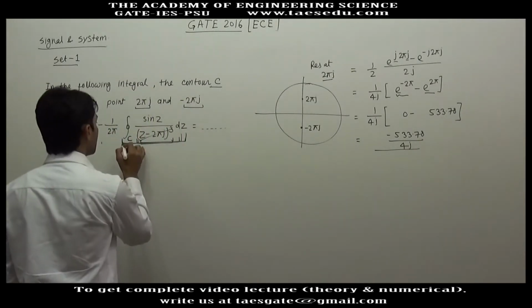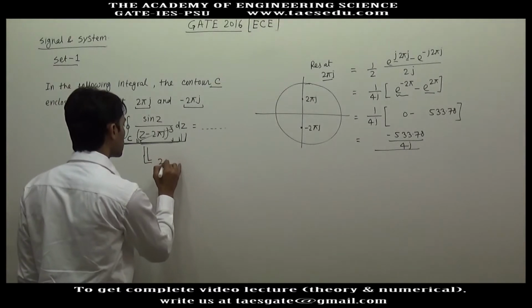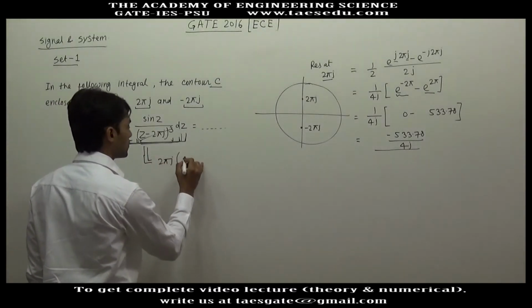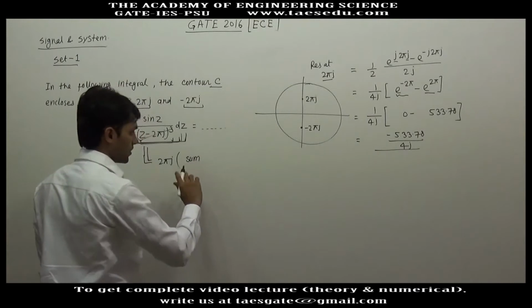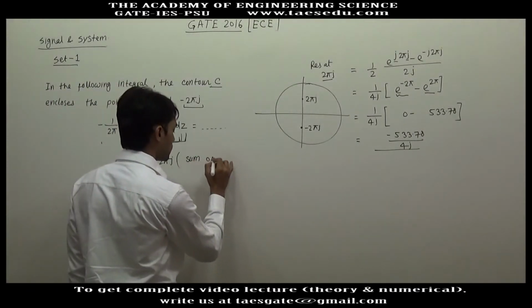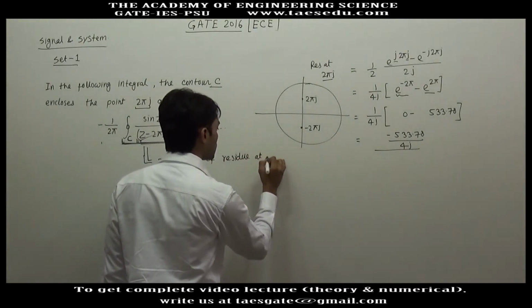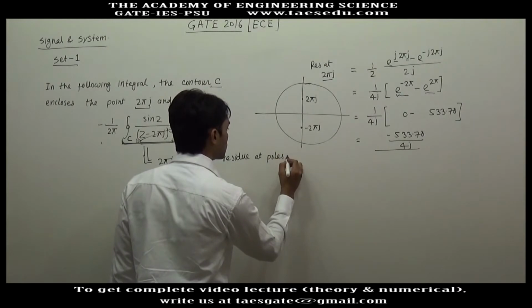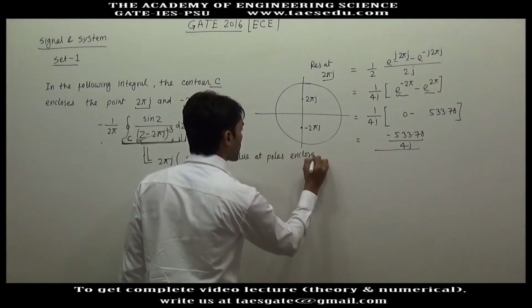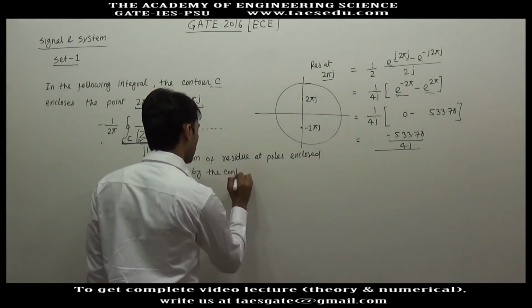Now the formula for this integration is 2 pi j into the sum of residues at poles enclosed by the contour C. Earlier I forgot to write the sum.